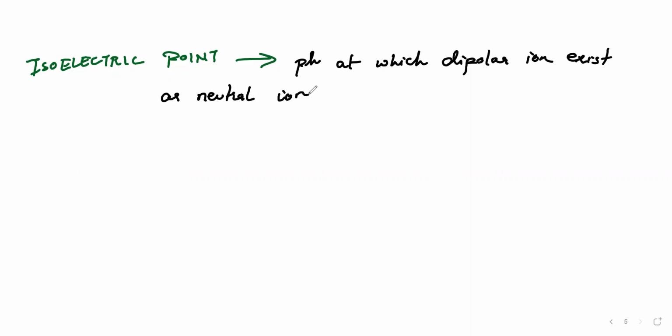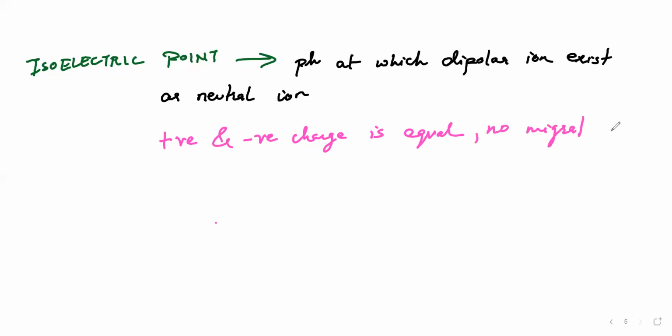Now, what do you mean by dipolar ion exists as neutral ion? It means the positive and the negative charge become equal. So when the positive and negative charge become equal, there will be no migration to any of the electrodes under electric field.